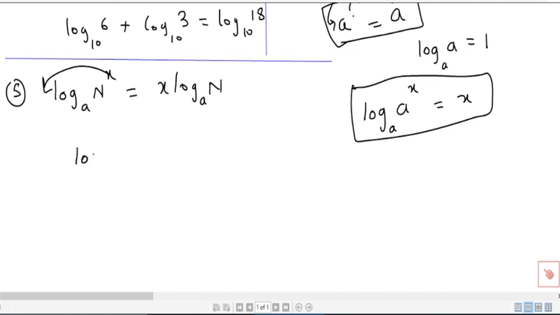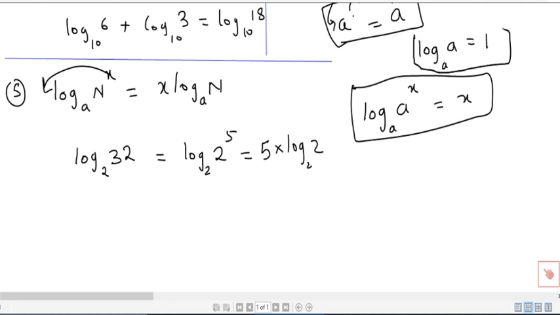If you have log at base 2 of 32, then it will become log base 2 of 2 to the power 5. It will become 5 into log base 2 of 2, and from here you can say log a of a is what? Log a of a is 1.